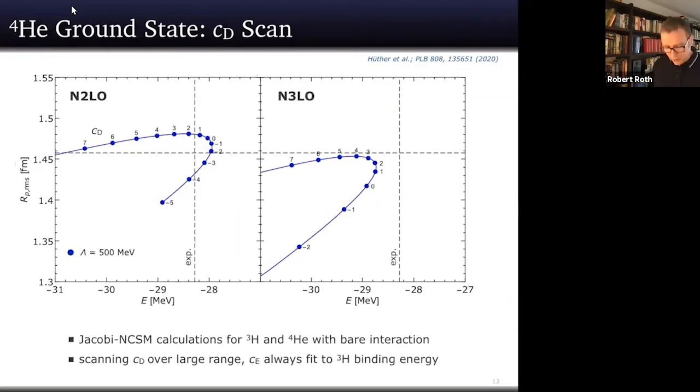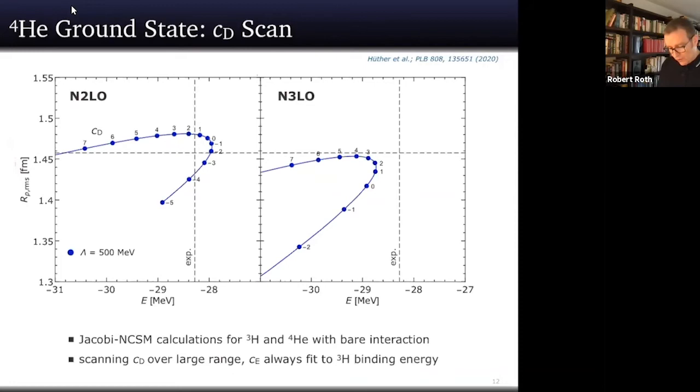This is now a very complicated plot, but it's a plot that we heavily use to understand and interpret what's happening. What's shown here for the N2LO and the N3LO interactions is the ground state energy of helium-4 on this axis and the proton root mean square radius on this axis.